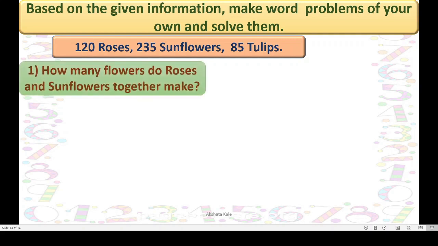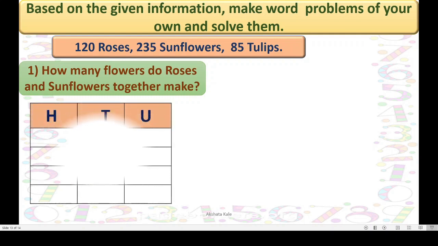How many flowers do roses and sunflowers together make? Yes, this is addition, correct? Because we are going to add roses and sunflowers, isn't it? So, what is the number of roses? 120. Sunflowers, 235. If we add these two numbers, then we will get the total number of both. So, we will make a table.